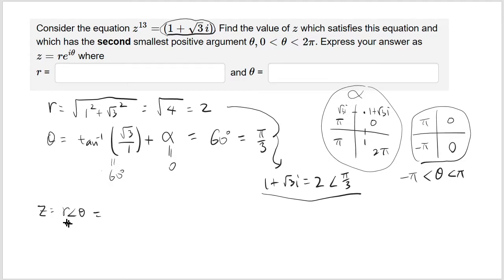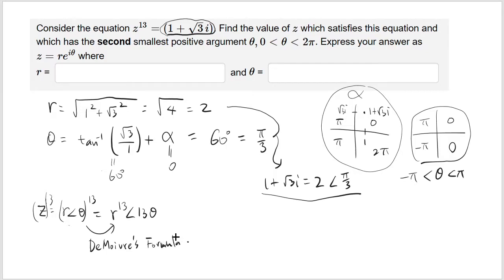Now, if I let z be r angle theta, then z to the 13th power by de Moivre's formula will be this. Going from here to there is what we call de Moivre's formula.